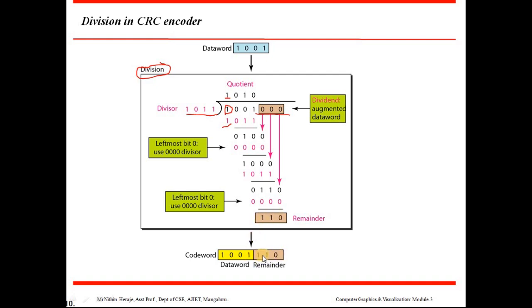Okay, so that has been added here. So for this particular data word 1 0 0 1, the remainder is 1 1 0, and you get this whole thing as the code word. We can just verify this. Just remember the data word 1 0 0 1, and we'll see what is the remainder.